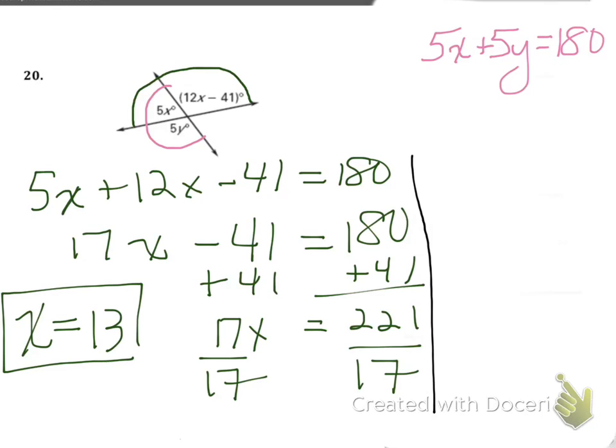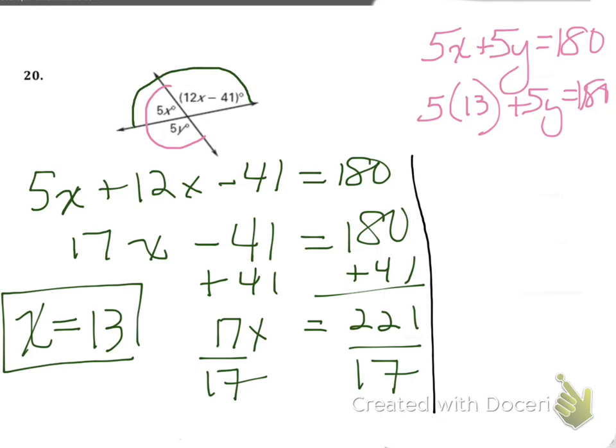So I have an x and a y in one equation, which means I can't solve it unless I use the information that I just gleaned by solving the green, which told me that x equals 13. So let's do that. So I have 5, replace the x with a 13, plus 5y equals 180.